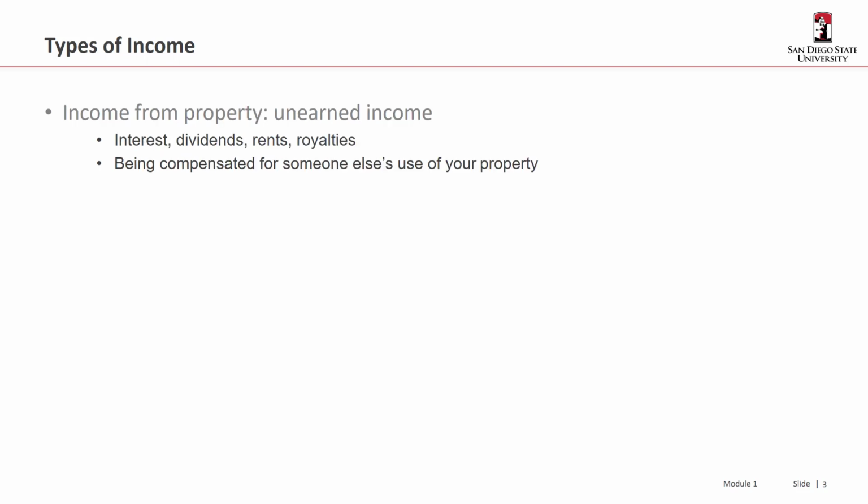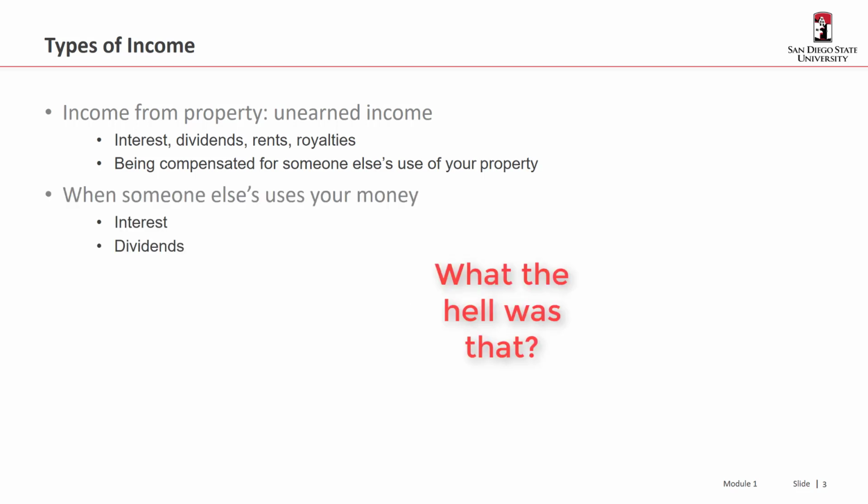Income from property we usually classify as unearned income. So I buy some instrument and it pays me, or this is being compensated for someone else using your property. So for example, when someone else uses your money, they pay you as either interest or dividends, right? So they're borrowing the money from you and they pay you back as interest, or you're investing in capital or equity and they're paying you back through dividends. That's when someone else uses your money.